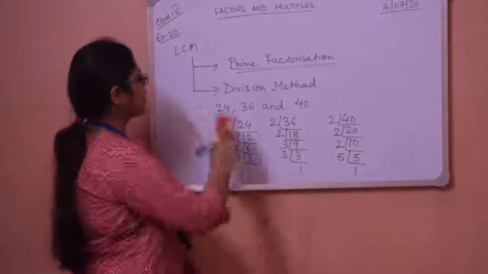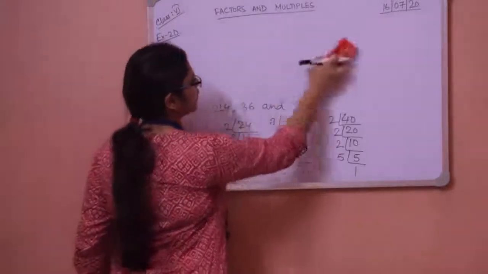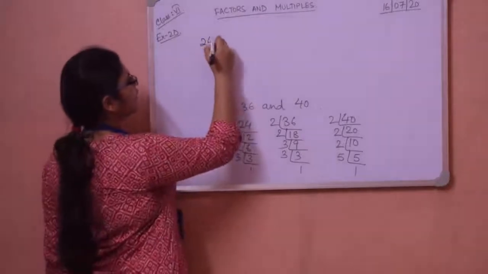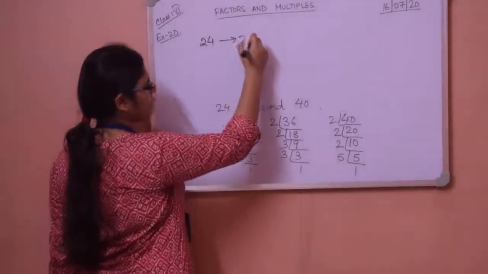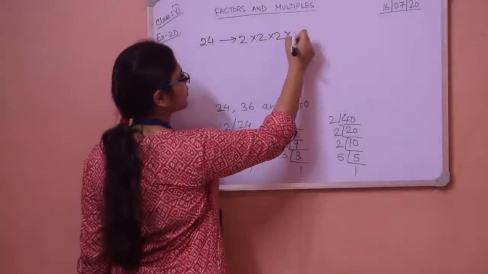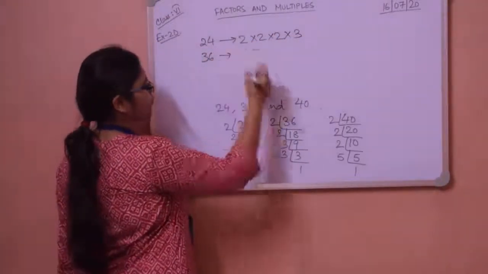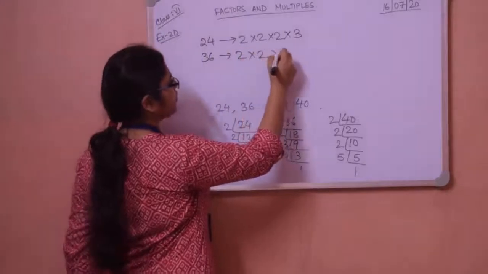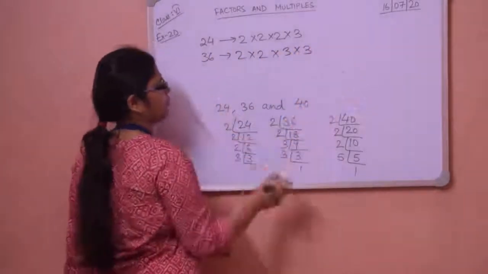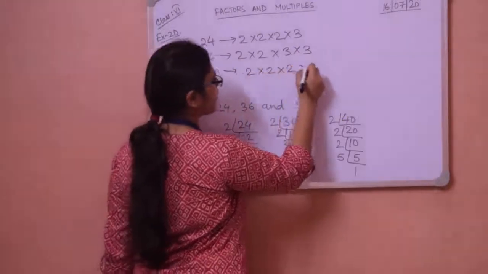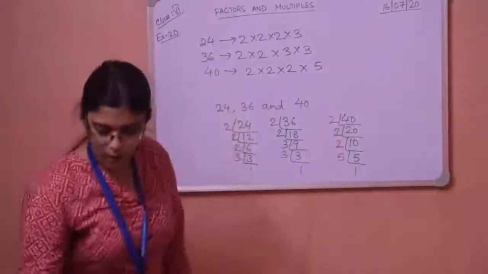Now we will see what the individual factors of these three numbers are. For 24 the factors are 2 three times and then a 3. For 36 we have 2 two times and 3 also two times. For 40 we have 2 three times and 5 one time.